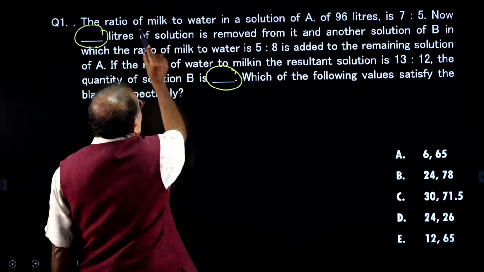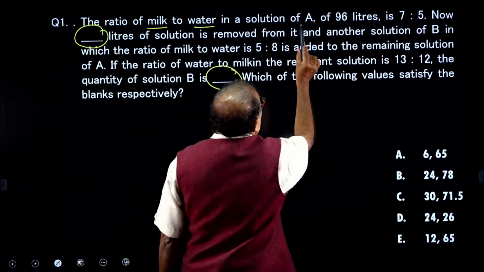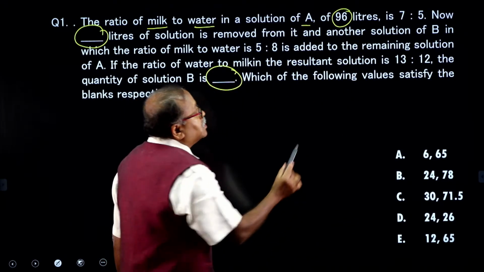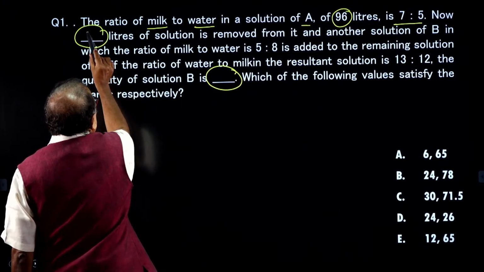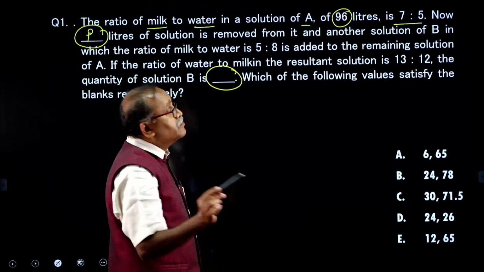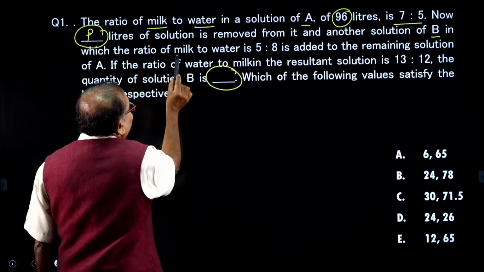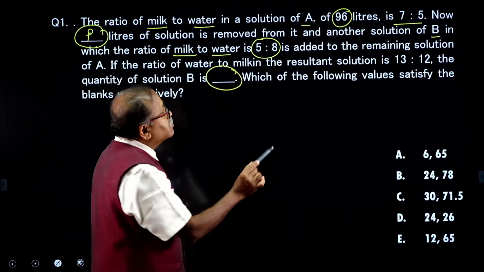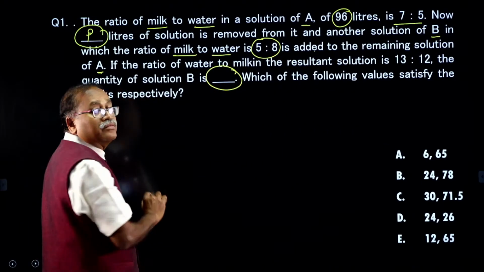Now, here the ratio of milk and water of solution A of 96 liters is 7:5. Now, P liters of solution is removed from it. Another solution B, in which the ratio of milk and water is 5:8, is added to the remaining solution of A.